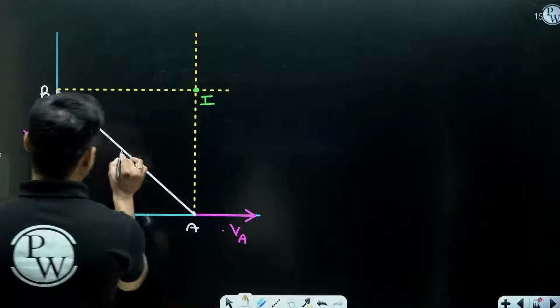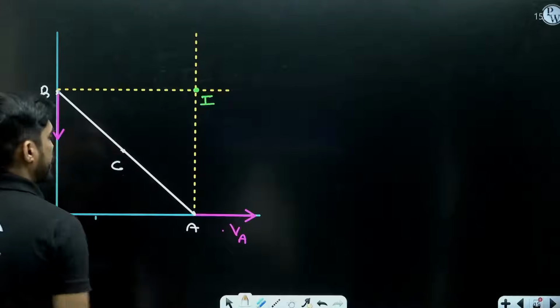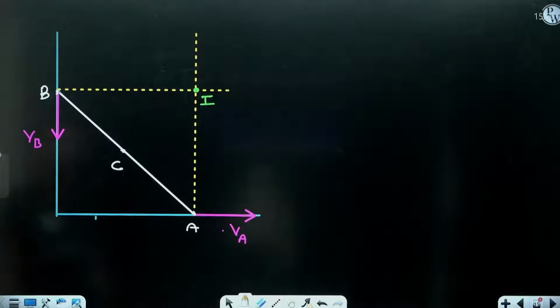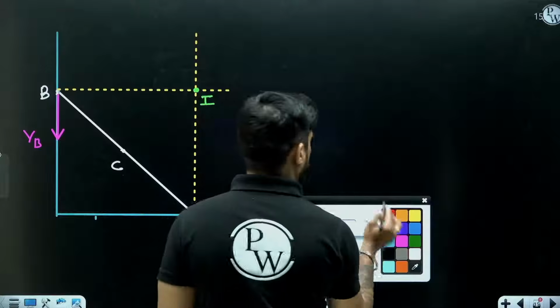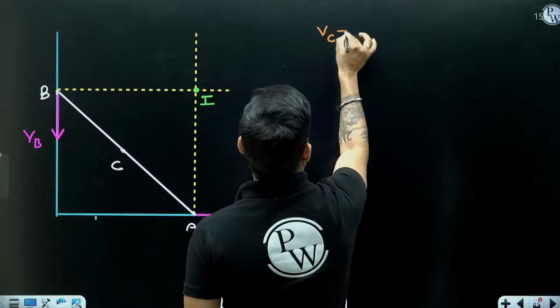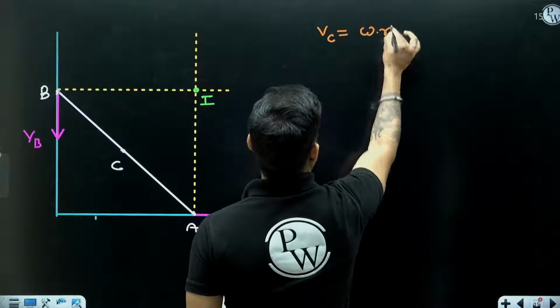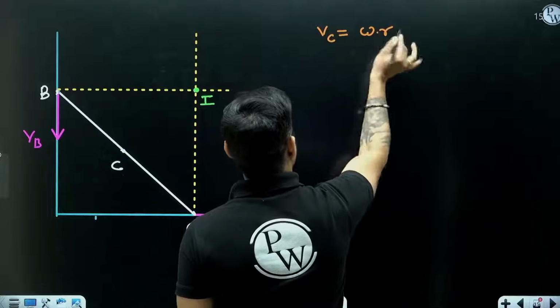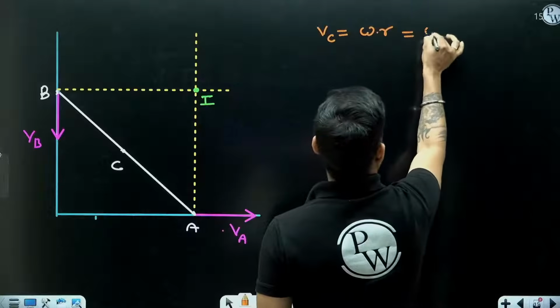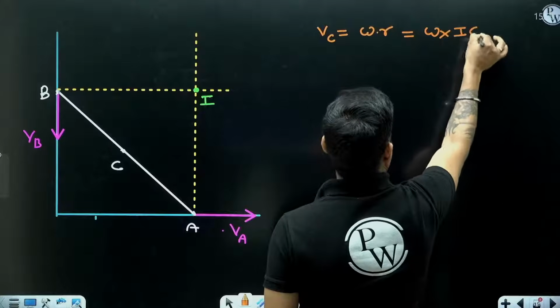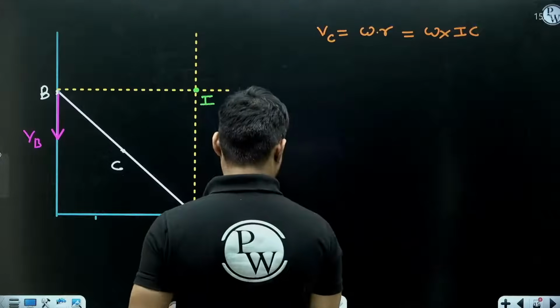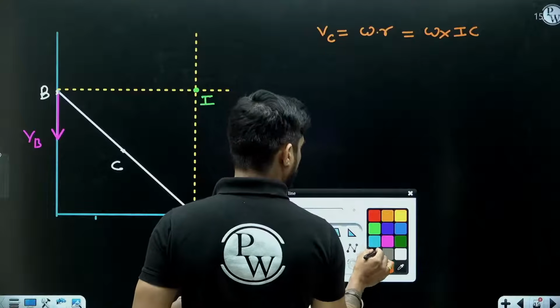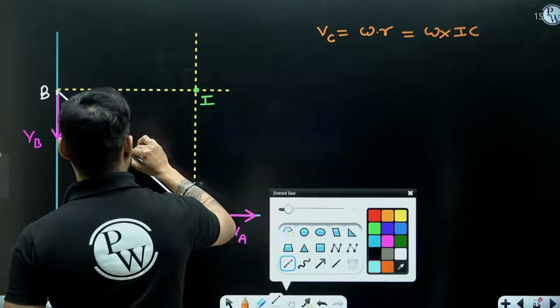Now, midpoint means somewhere here. This is C. Okay, now we know that the velocity of C will be equal to omega into R. What is R? The distance of C from the center of rotation, means IC, right? Now I will tell you a very interesting concept. Understand.